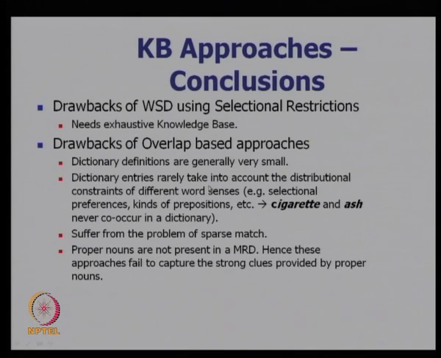Dictionary entries rarely take into account the distributional constraints of different word senses, for example, selectional preference, kinds of preposition, etc. Cigarette and ash never co-occur in the dictionary. They suffer from the problem of sparse match. Proper nouns are not present in the machine readable dictionary, hence these approaches fail to capture the strong clues provided by proper nouns.